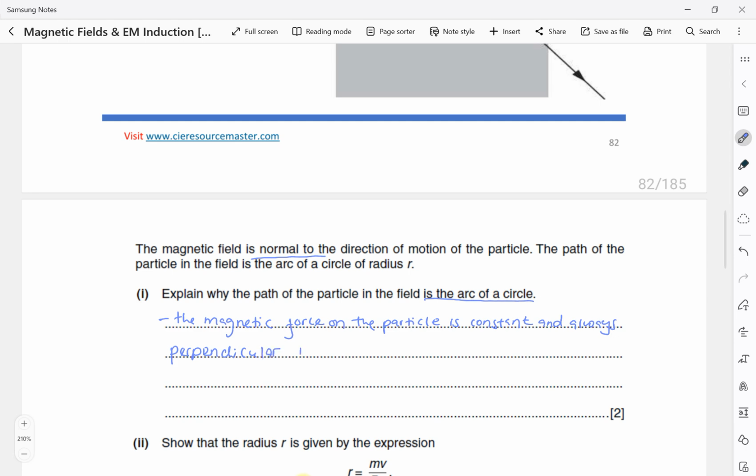And always perpendicular to the velocity, or to the direction of motion.